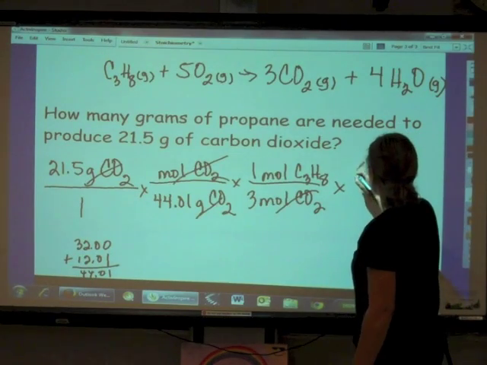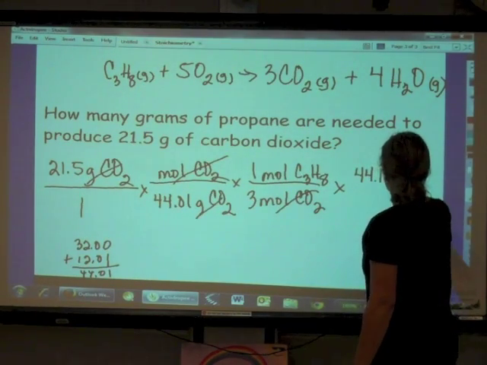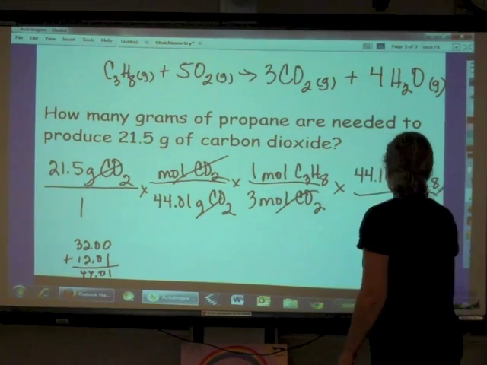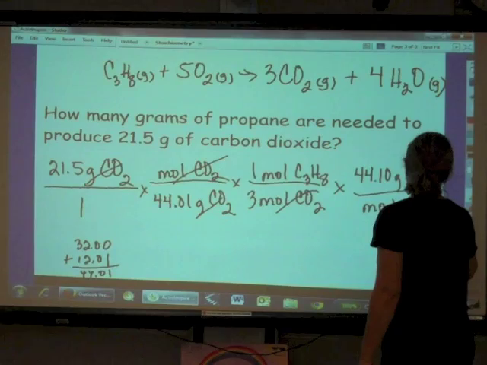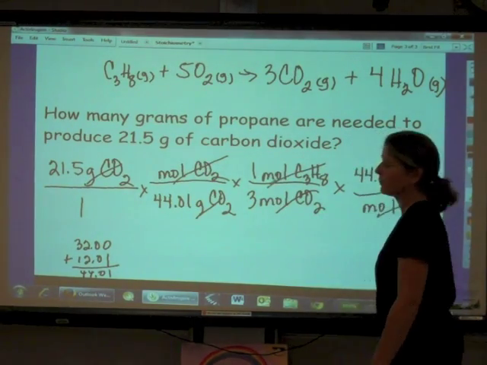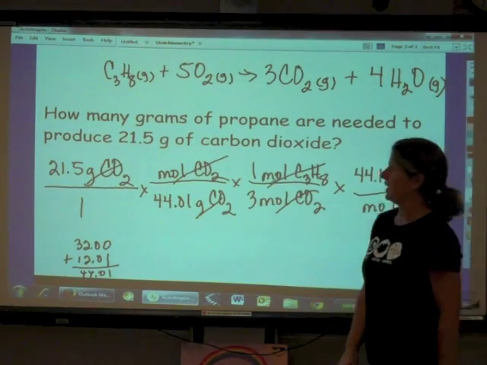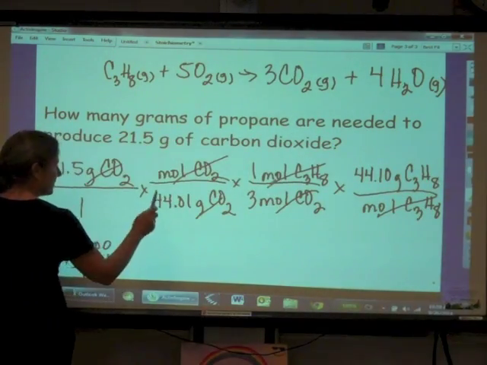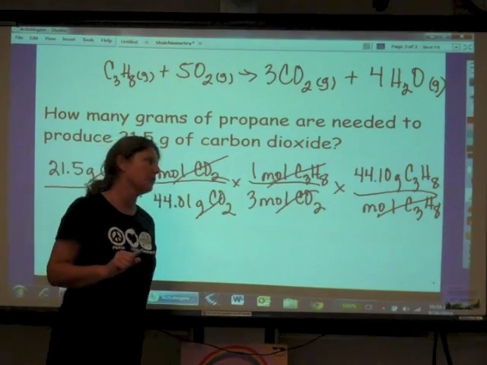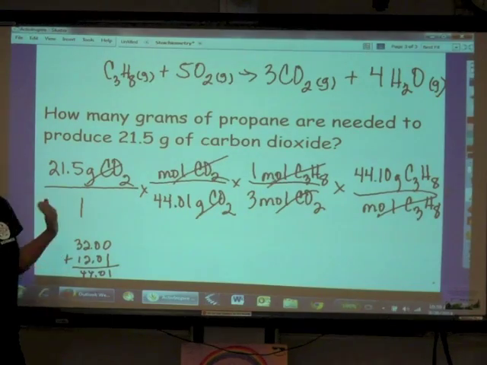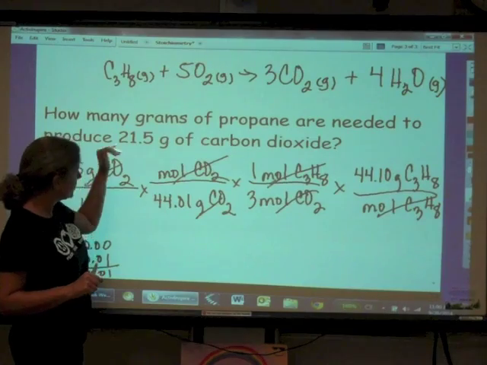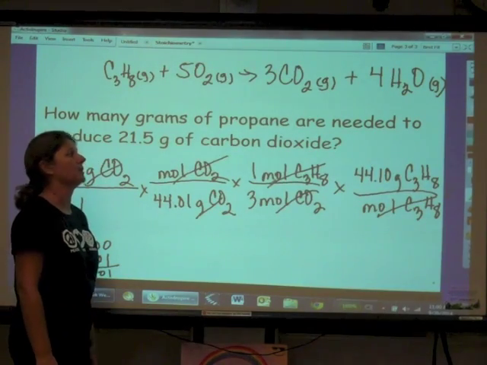So we've got 44.10 grams of C3H8 per mole of C3H8. Moles of C3H8, propane cancel. So we will say 21.5 divided by 44.01 divided by 3 times 44.10, and that will give us the grams of propane that are needed to produce 21.5 grams of carbon dioxide.